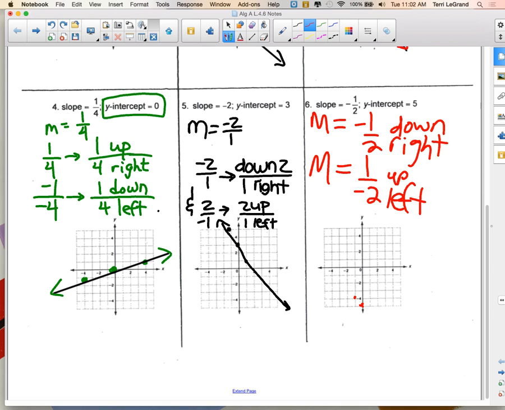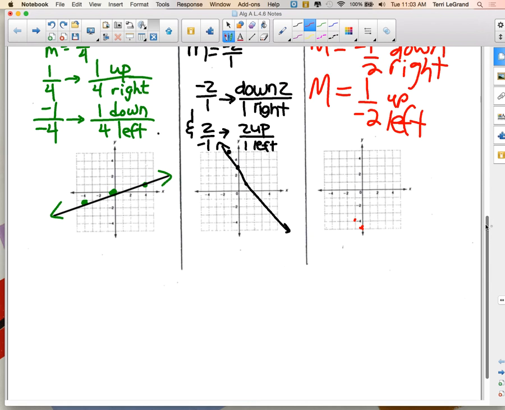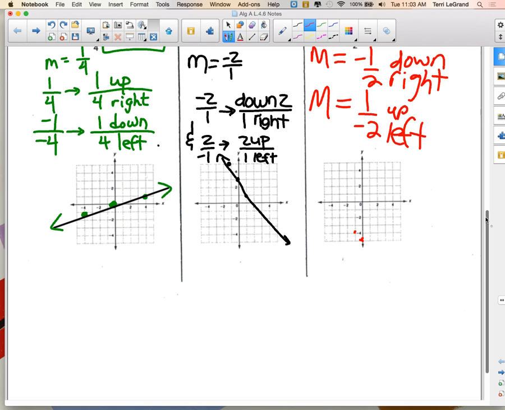Let me just get this so you can reach it a little easier since you have it off. There you go.